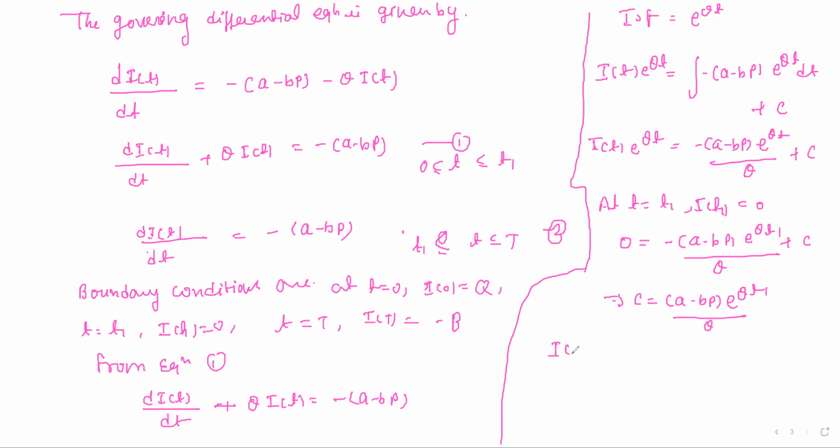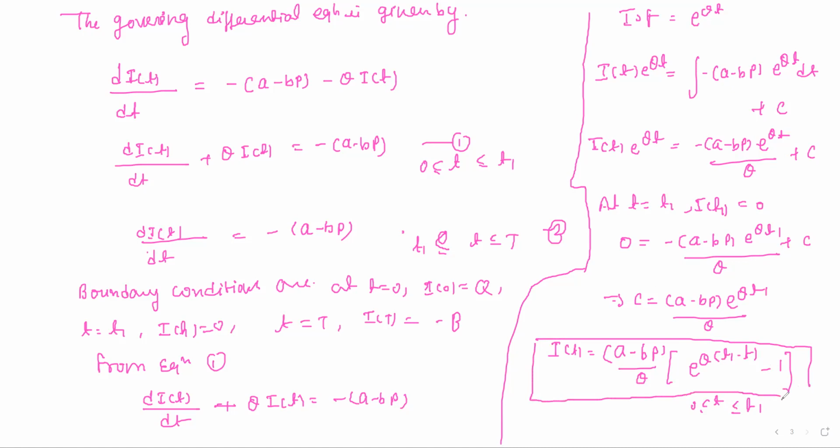So we can take this as common and divide throughout by e to the power theta t. So we get I(t) equals (a minus bp) upon theta, (e to the power theta (t1 minus t) minus 1). And this is for the interval 0 to t1. We can say this is equation third.